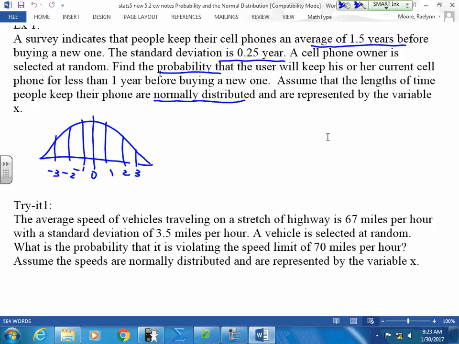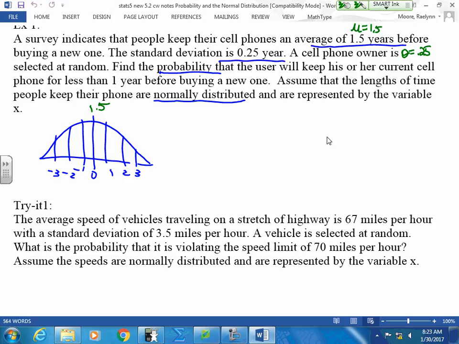Make sure you just, at least on your note page, do a couple of these with me so that you have a reference. I left you plenty of space out there. Pull out your information. I'm really only given this information, a mean and a standard deviation. So here's my mean, and my standard deviation says 0.25, a quarter of a year.